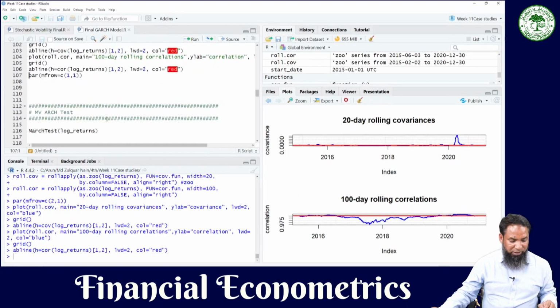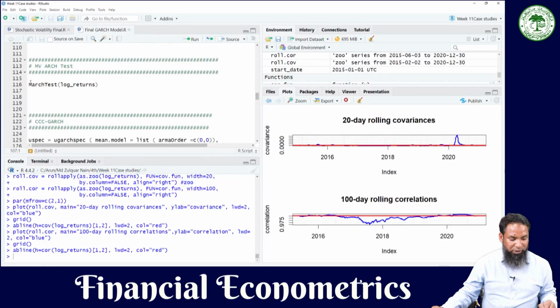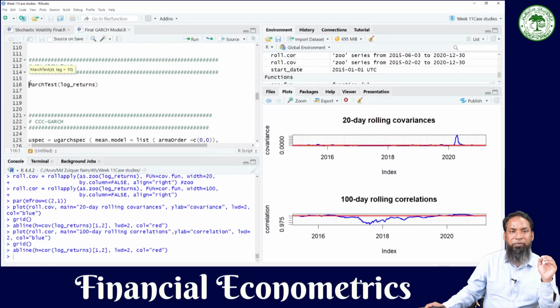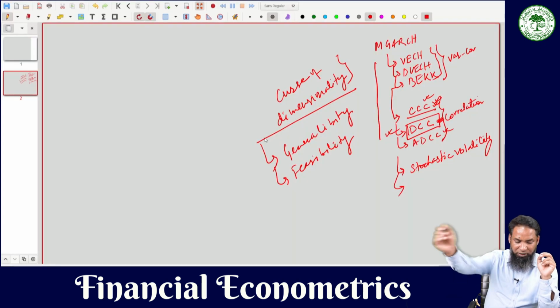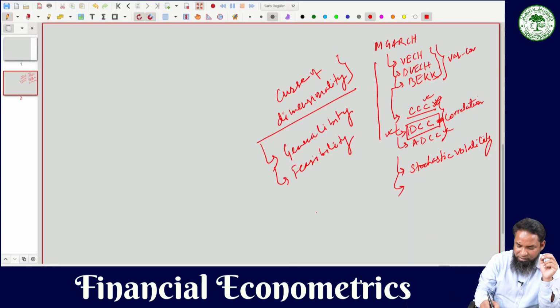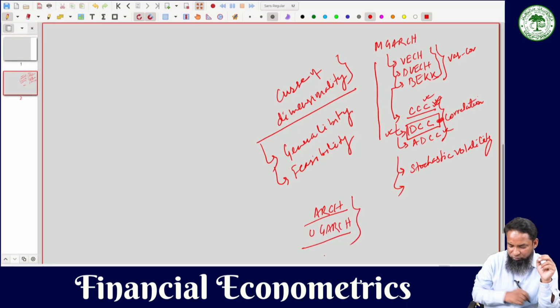Once we plot that, first we have to check whether there is an ARCH effect present or not. If you remember, in the previous classes when we discussed the ARCH model or the univariate GARCH model, the first thing we do is test for the presence of an ARCH effect.